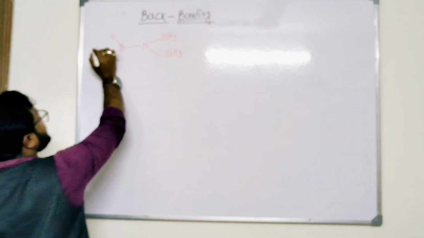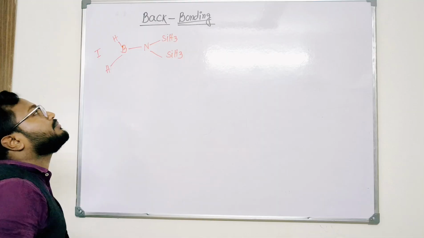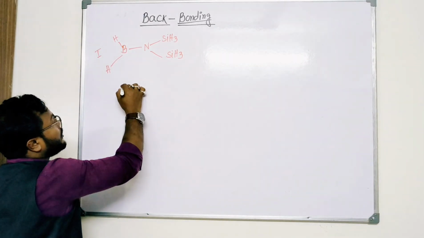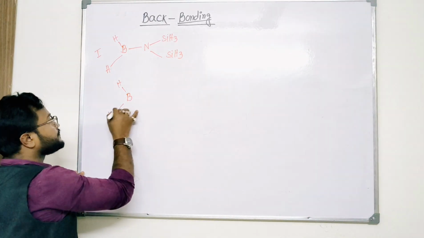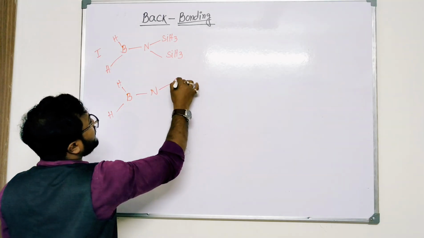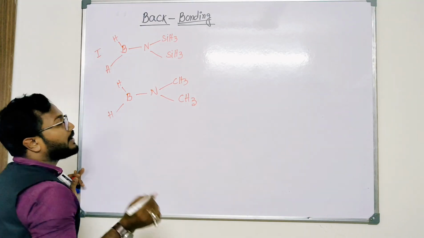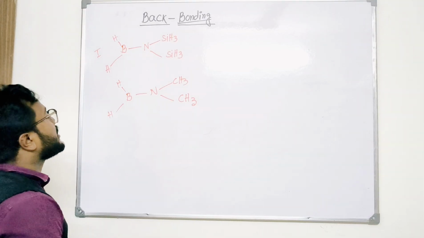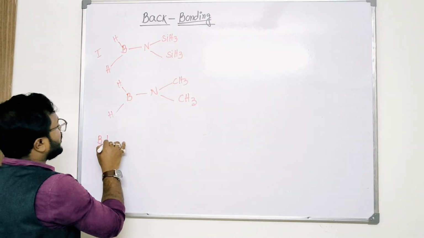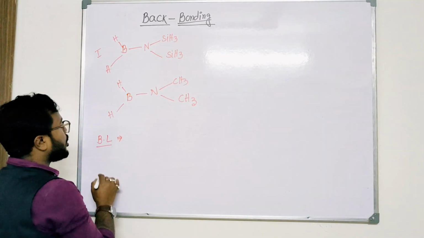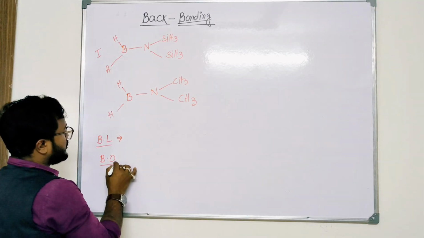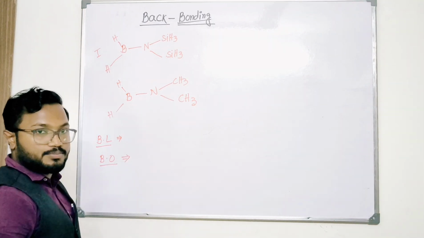This is my first part. Another case I am taking is BH2N(CH3)2. My question is, in which case is the bond length longer, and what is the bond order for this molecule?